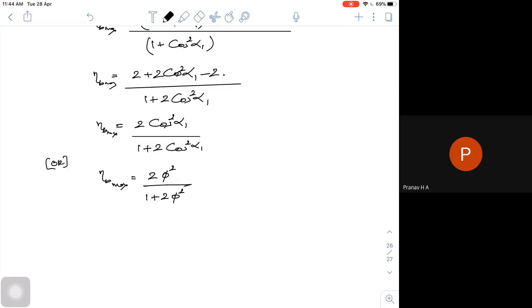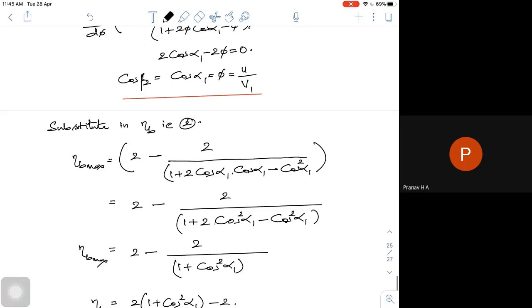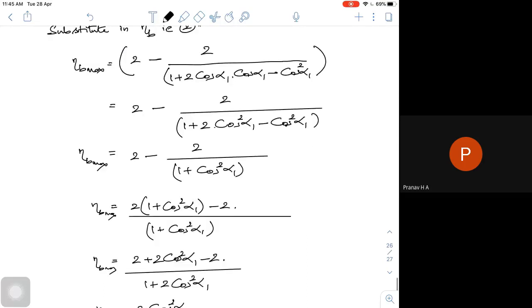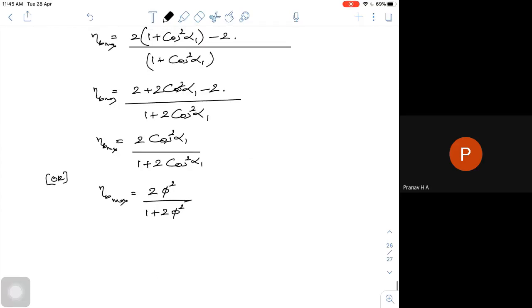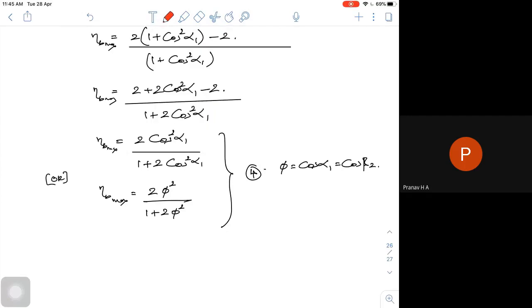So this is your expression, let me call this equation 3, and this is equation 4. So phi is equal to cos alpha 1 or cos beta 2. This is the expression in terms of phi.